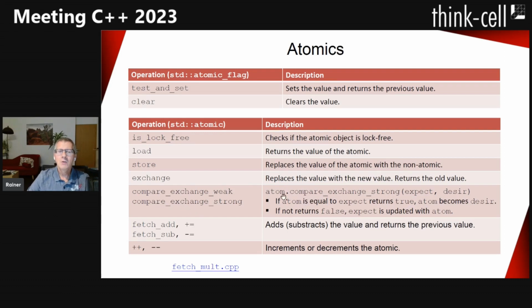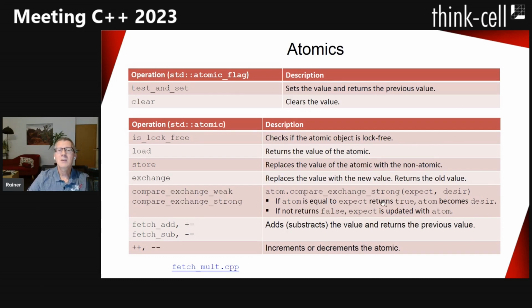You see, you have an atomic variable, atom. You say compare exchange strong on it. And it gets two arguments, expected and desired. Meaning, in one atomic operation, you compare atom with the expectation of the value atom should have.